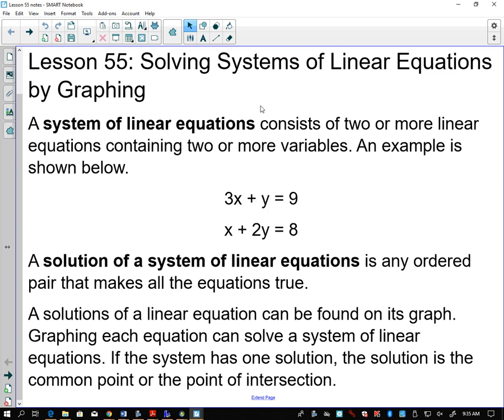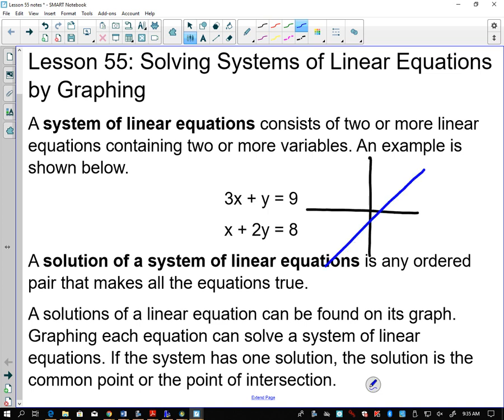We could also have infinite solutions, and that's the case whenever two lines turn out to be the same line. If two lines overlap each other, how many places do they cross? Let me draw a line here. Let's say we've got a coordinate plane, and I've got this blue line.